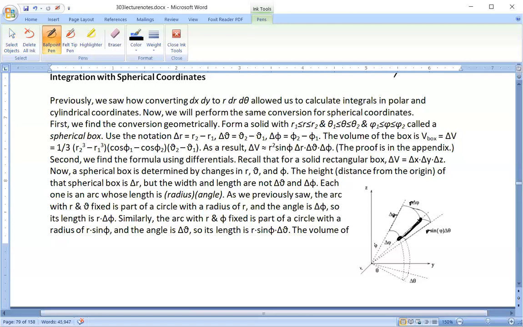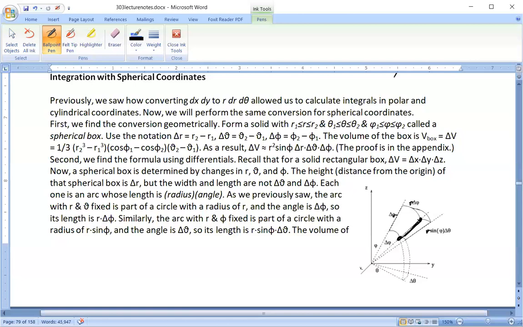However, the other sides are not measured by just delta theta and delta phi. We've encountered this before with polar coordinates. So let's take a look. As we discussed previously, let's look at the arc with R and theta fixed. So R and theta fixed means we've got a delta phi.